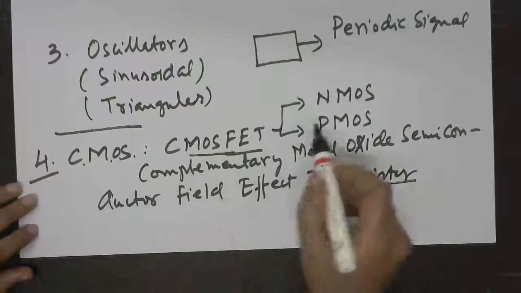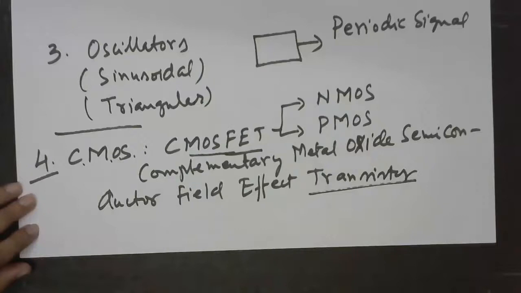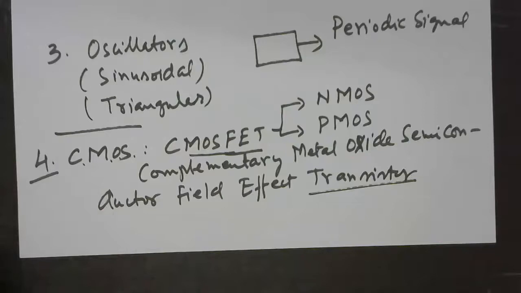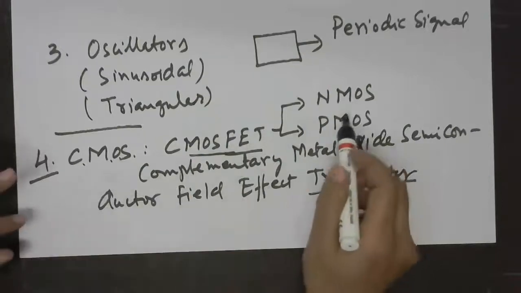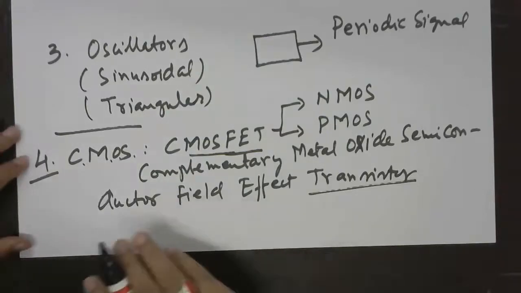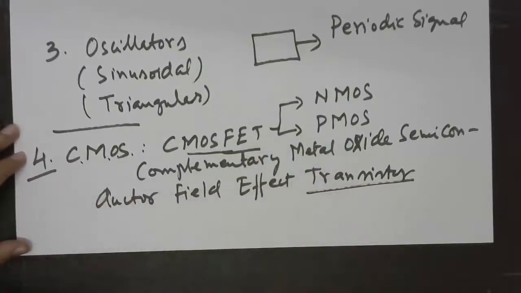So if the analog circuits are fabricated using MOS, NMOS or PMOS, they are called MOS analog circuits, or in more common terminology, CMOS analog circuits. But unlike digital circuits, a CMOS analog circuit need not always have both NMOS and PMOS, which happens with the digital circuits. So all the circuits, as I pointed out, will be based on CMOS transistors, and that is why we have CMOS analog integrated circuits, the name of this course.